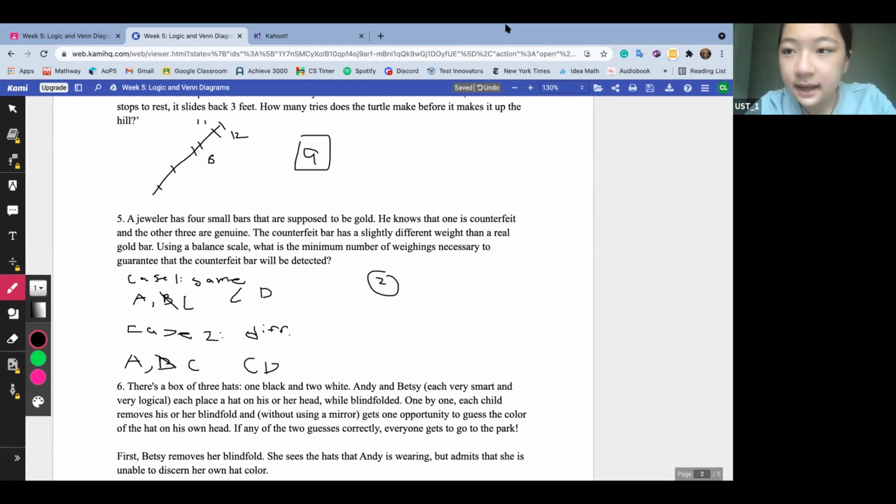If they weigh the same, then B will be the fake one, because those two weigh the same. But if A and C are different, that means A will be the fake one. So for this case, it also takes at least 2 tries, which means that the answer will be 2.